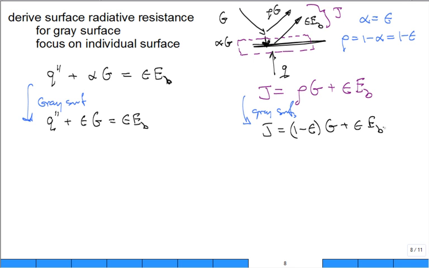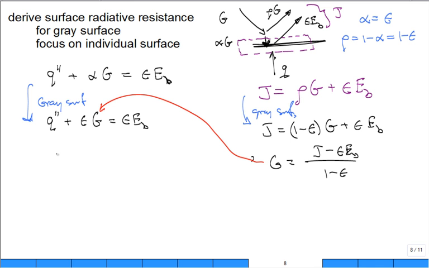Now I want to express G in terms of everything else. So G is J minus epsilon EB divided by 1 minus epsilon. Is the algebra okay? Once I've isolated G, substitute it, so we eliminate G out of both of those equations.